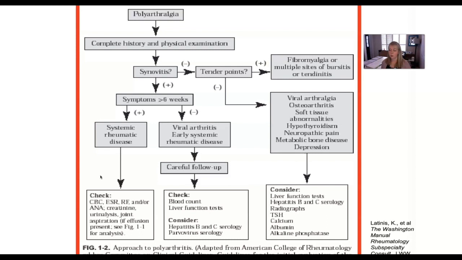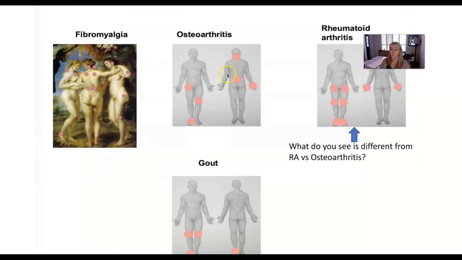But it basically will tell you if you have tender points, you might want to think more fibromyalgia. Fibromyalgia is more on a muscle than a joint. If you've had symptoms greater than 6 weeks, that's when you consider things chronic. So that would be with anything. Have you had it more than 6 weeks? That 6 weeks mark becomes more of a chronic issue, and you really need to look into things. And then it goes into the labs, which I will be talking about.